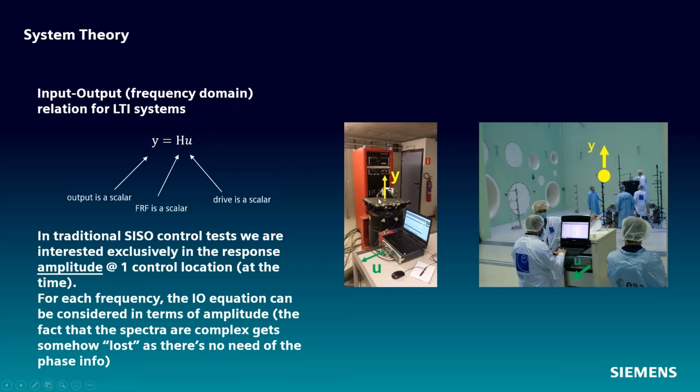In a SISO system, like you might be typically used to, or RFAN, there's one measurement that's taken as control, call that Y. You have some kind of drive, we'll call that U, that's coming out of the controller.